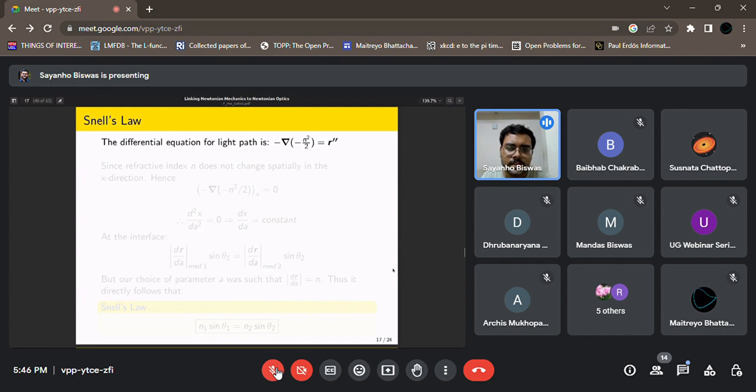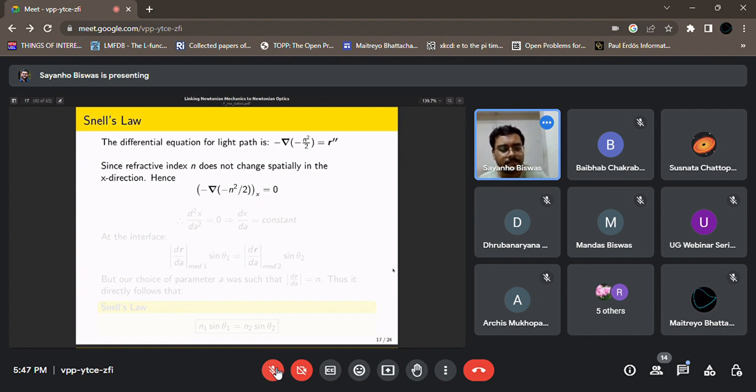Good enough. The differential equation for the light path, moving on, is, as I've said, gradient of n squared by 2 equals r vector double prime. Since the refractive index n does not change spatially in the x direction, the x component of the left hand side is 0. Why? Because n does not change spatially in the x direction. Therefore, the gradient of n would be 0.